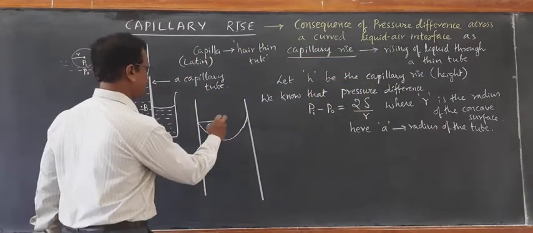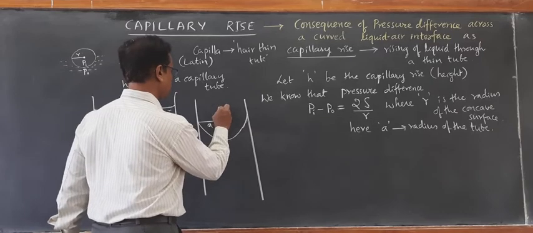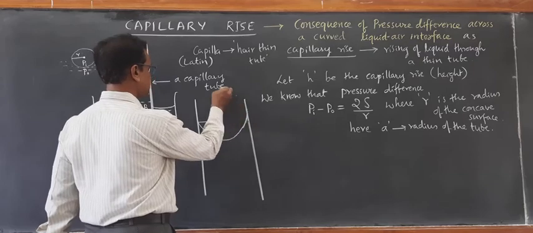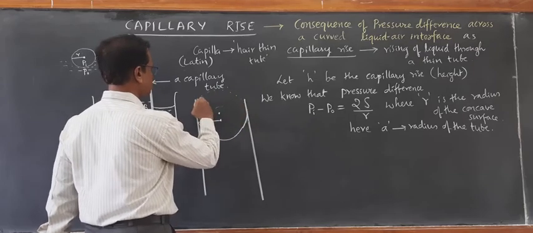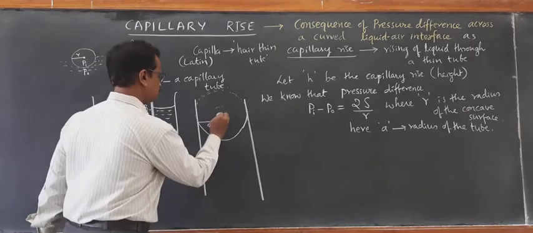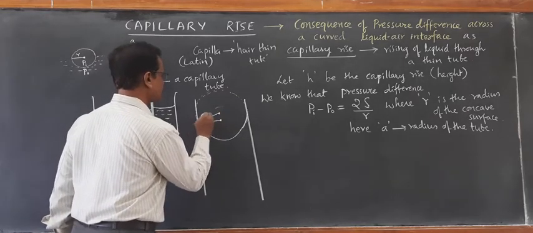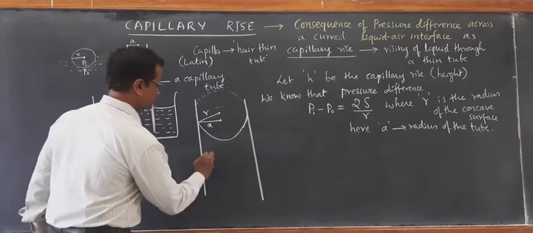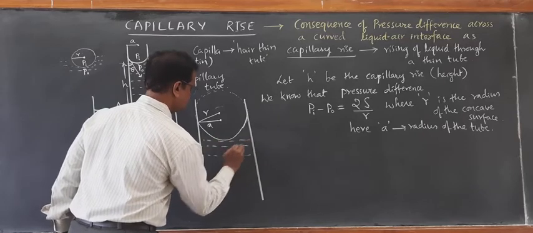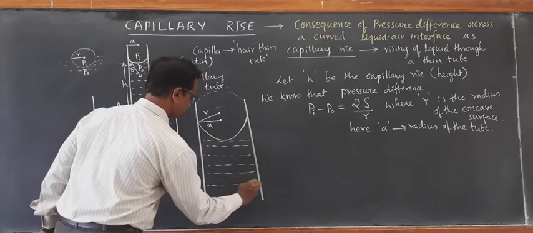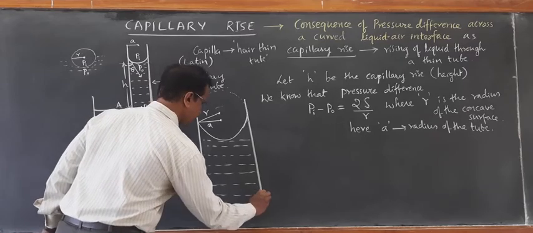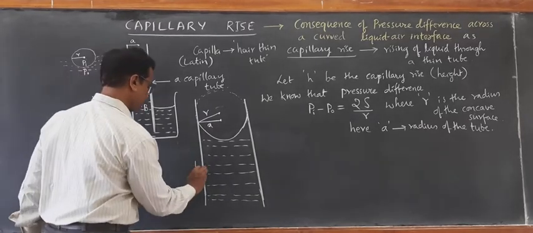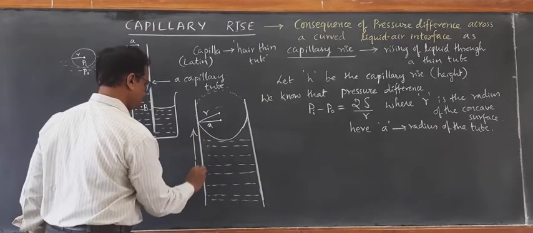And what is R? R is the radius of this concave surface. Suppose I am taking this point as the center of this spherical bubble, and this gives us the radius. Now, this is the water that has risen from the water level. From this level, it has risen through height h.